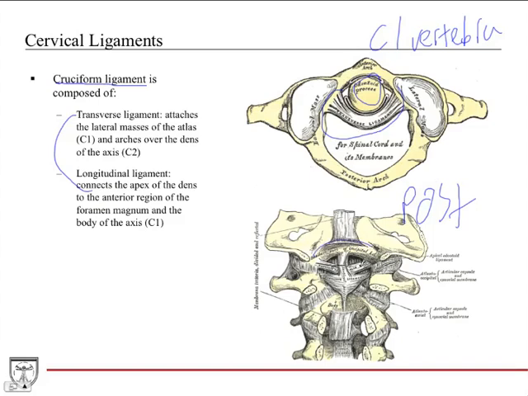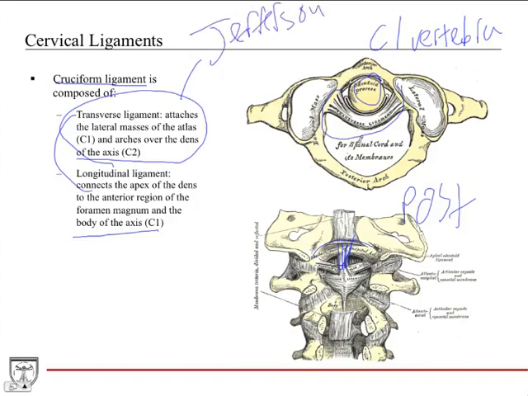So you have the foramen magnum here, you have the dens here, and it helps connect those two structures. It also helps connect a little bit to the body of the axis as well, and that's just to provide some stability in the region. The much higher yield one is the transverse ligament, because that's relevant if you remember in our Jefferson fractures. If this is torn, that creates an unstable Jefferson fracture.